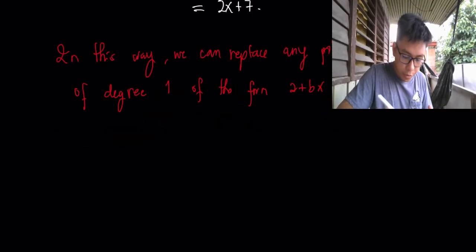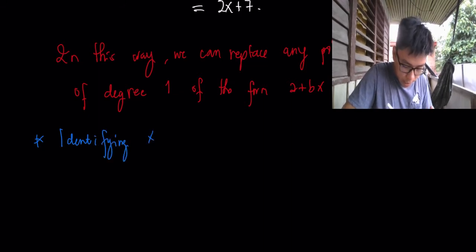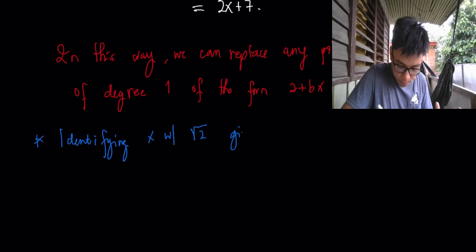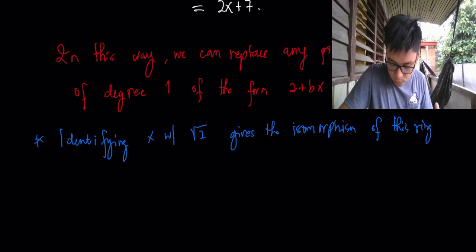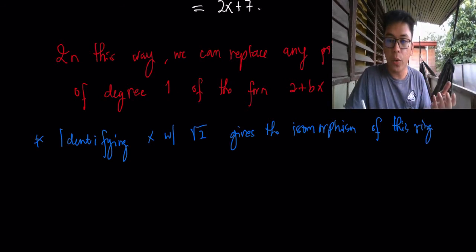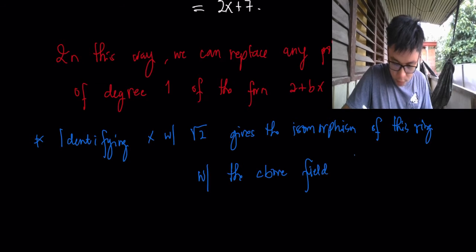In other words, identifying x with square root of 2 gives the isomorphism of this ring. I'm talking about the ring Q square bracket x mod x squared minus 2 with the above field Q of square root of 2.